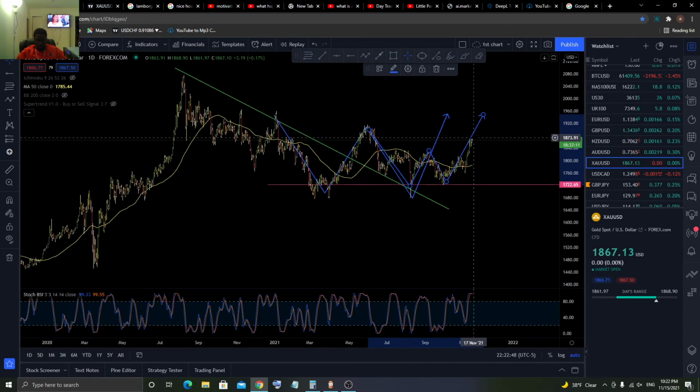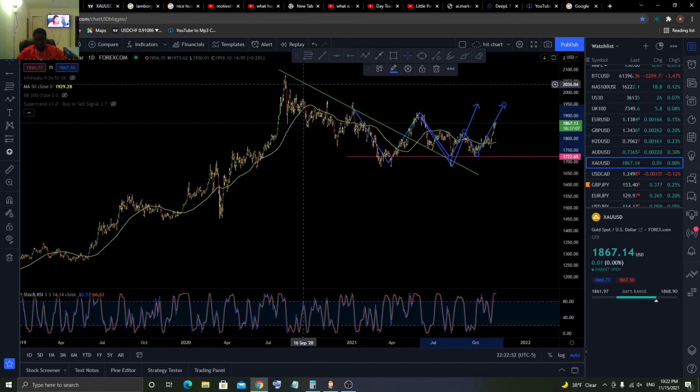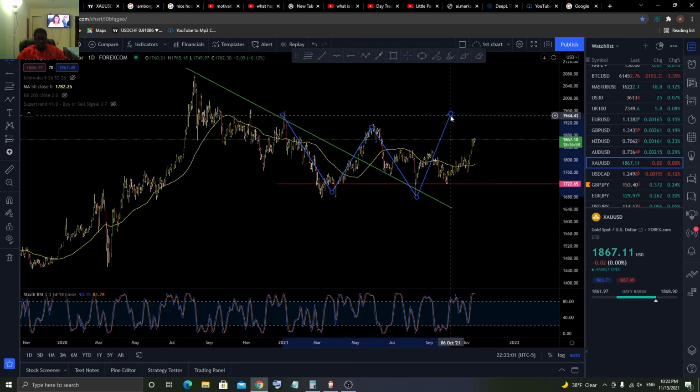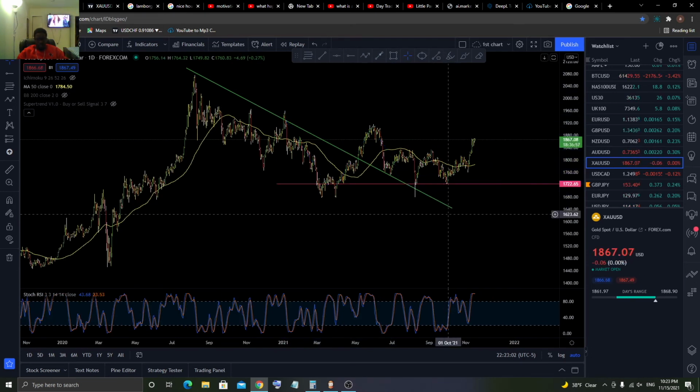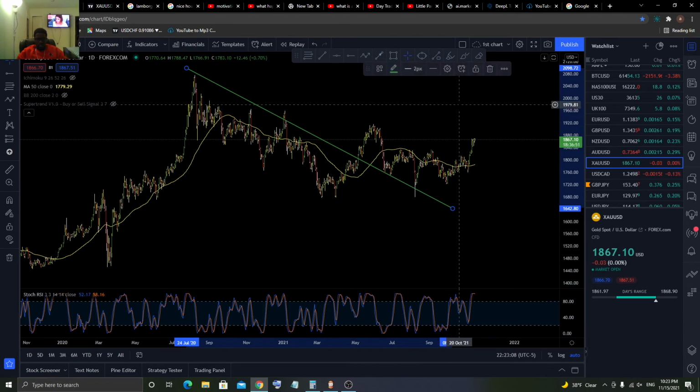Maybe, you see, this was an uptrend, and price came down and made this double tap. That can be a continuation, or maybe it can just be this. Let me remove all these. Or it can just be this.